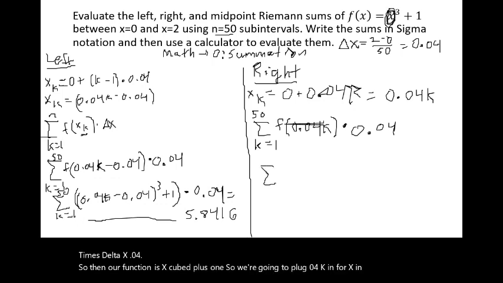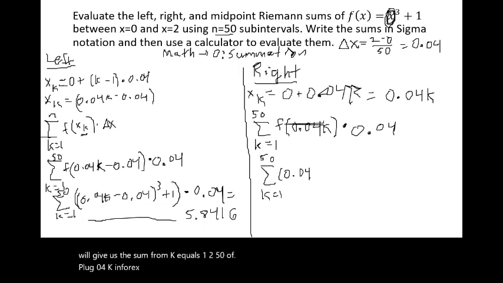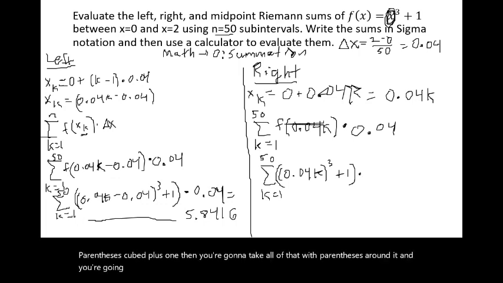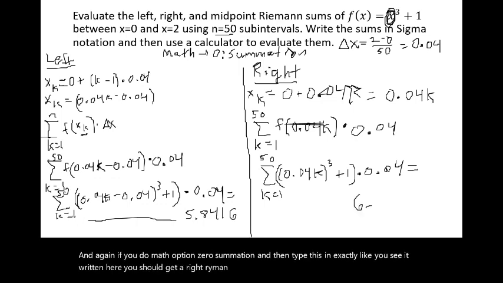So that will give us the sum from k equals 1 to 50 of, plug 0.04k in for x, so 0.04k, parentheses cubed, plus 1. Then you're going to take all of that with parentheses around it, and you're going to multiply all of it by 0.04. And again, if you do math option 0, summation, and then type this in exactly like you see it written here, you should get a right Riemann sum of 6.1616.